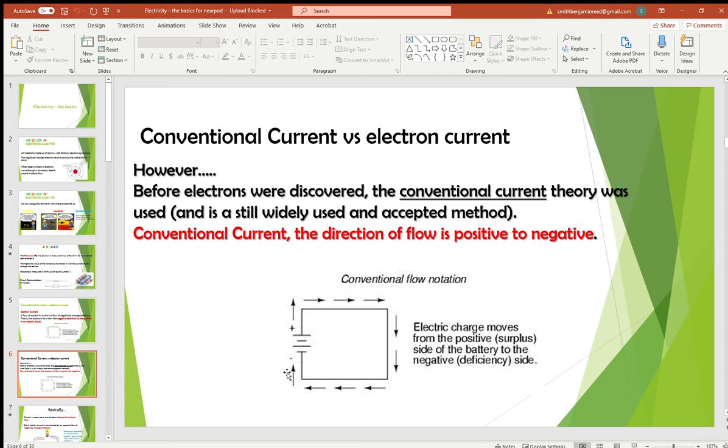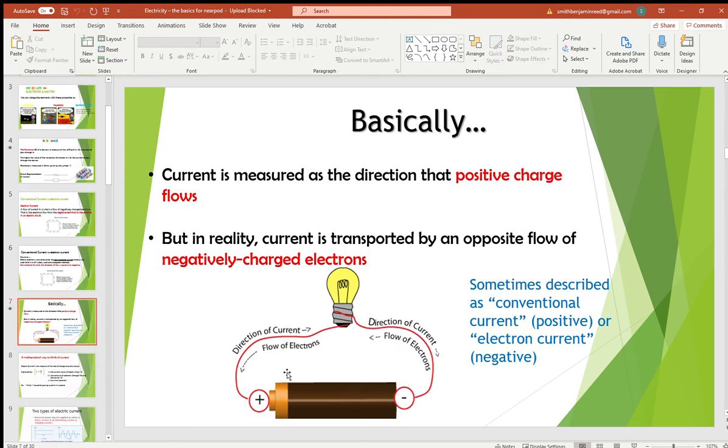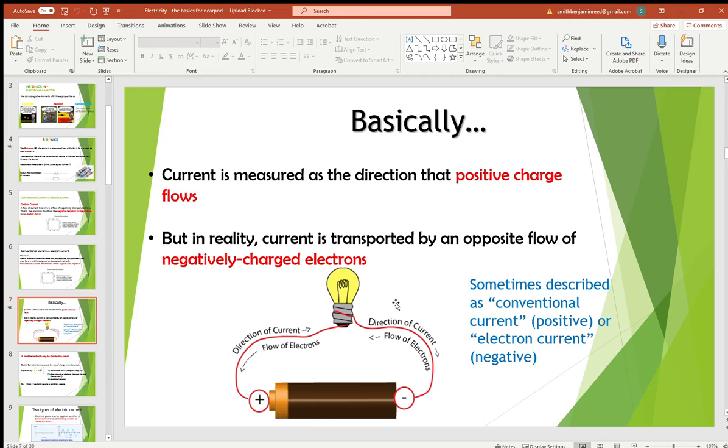And so this is often still used when people are talking about electricity flow. It's called conventional current. So basically, if you're talking about the flow of electrons, electrons flow from the negative side to the positive side, but the direction of current is considered to go from positive to negative. So that's very important to distinguish.